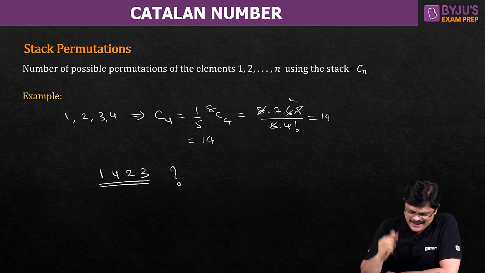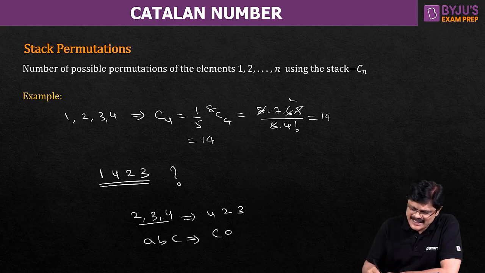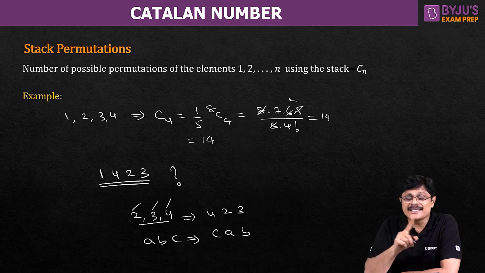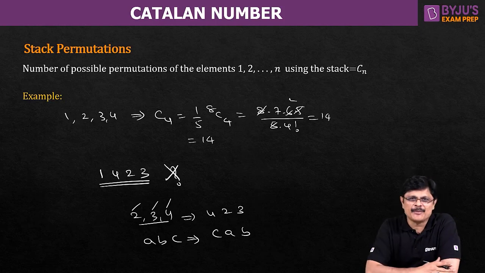The simple logic is, see this carefully. You are having 2, 3, 4. This is also a sequence. Whenever you are having this, 4, 2, 3 is not possible. As I told you, ABC, then CAB is not possible. This followed by this and followed by the middle one is never possible, remember. So therefore, it is not a possible stack permutation.